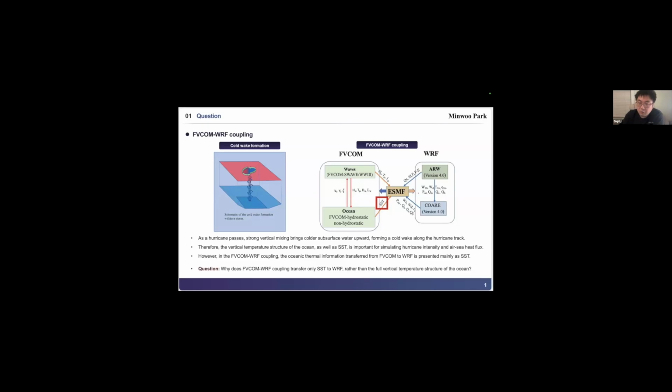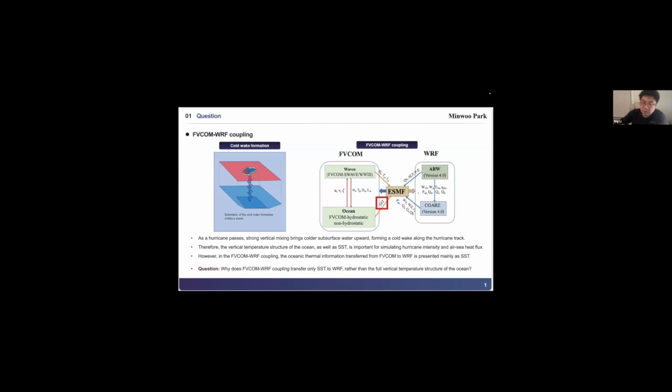However, in our current FVCOM WRF coupling, or other ocean atmosphere coupling models, only the sea surface temperature, as you mentioned, is passed from the ocean model to the atmosphere model. The reason is that the WRF air sea flux parameterizations depend primarily on sea surface temperature. It does not include the ocean vertical physics.